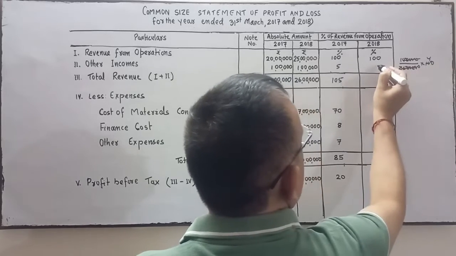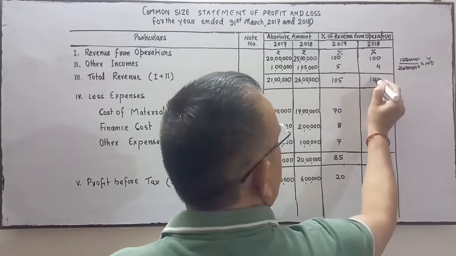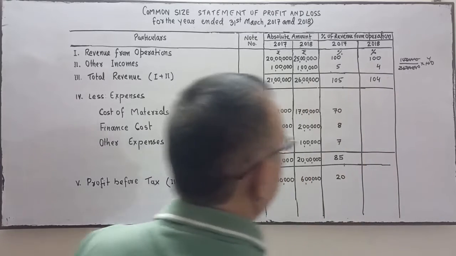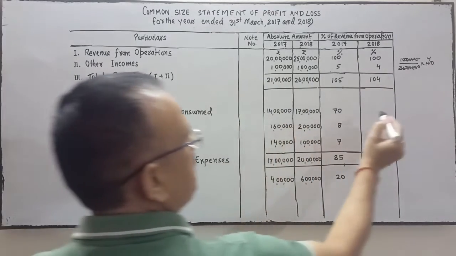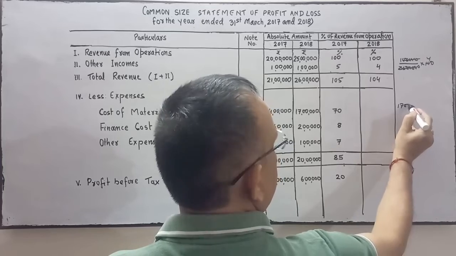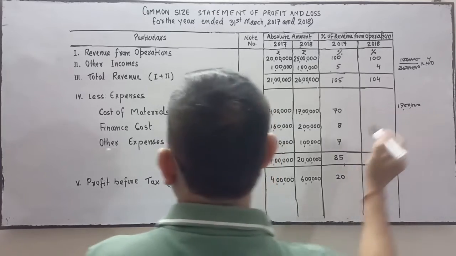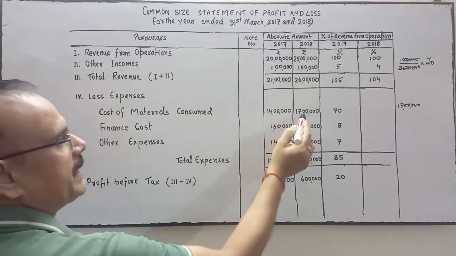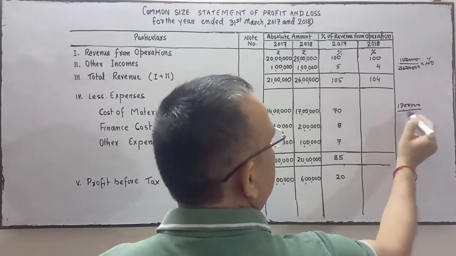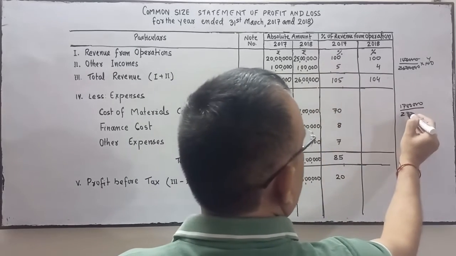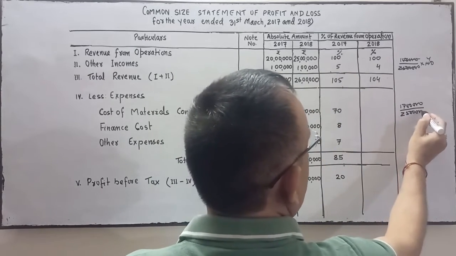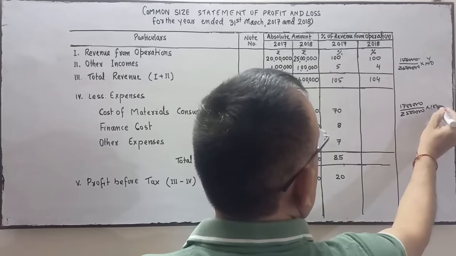So it's 4%, so the total is 104. Now calculate 17 lakhs, your cost of material consumed, upon 25 lakhs revenue from operation into 100.